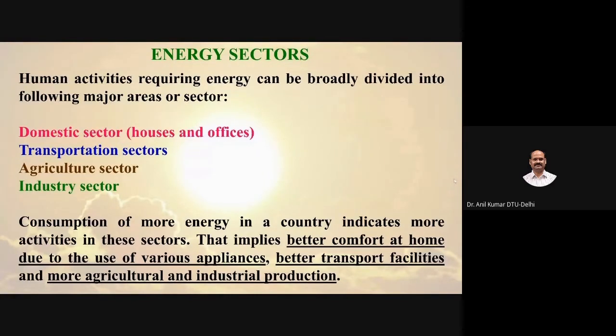In the household, the microwave oven is very common, and there is better transport like the metro. In agriculture, new farm machinery enhances our production rate, and industrial development is needed for any country's own development.